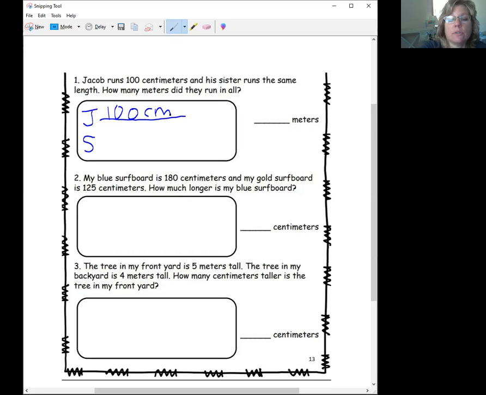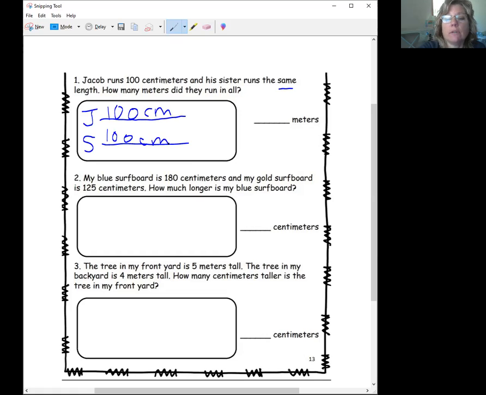And then his sister runs the same amount, the same length. She runs 100 centimeters. Okay. Now, the next part of the question that says, how many meters did they run in all?